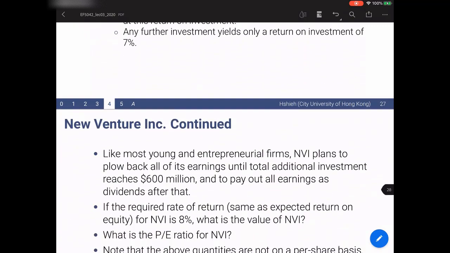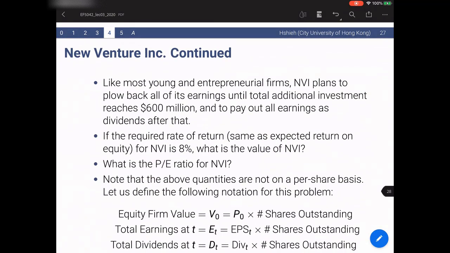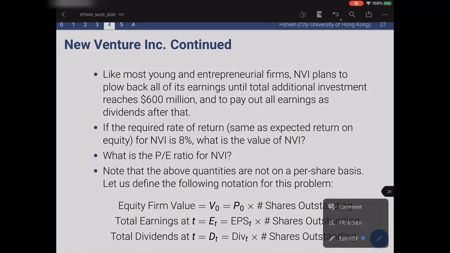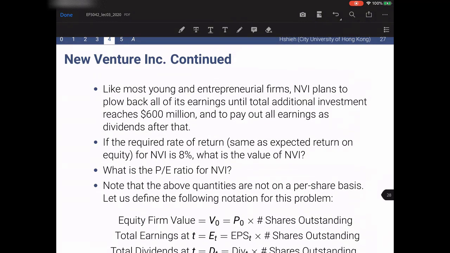So let's look at the second slide. Like most young and entrepreneurial firms, NVI plans to plow back. Plow back just means retain 100%. So b equals 100% until total investment reaches $600 million.